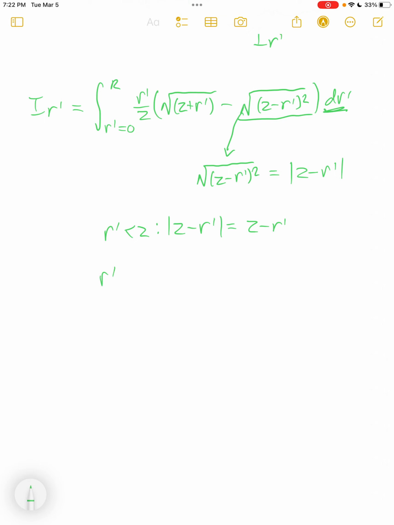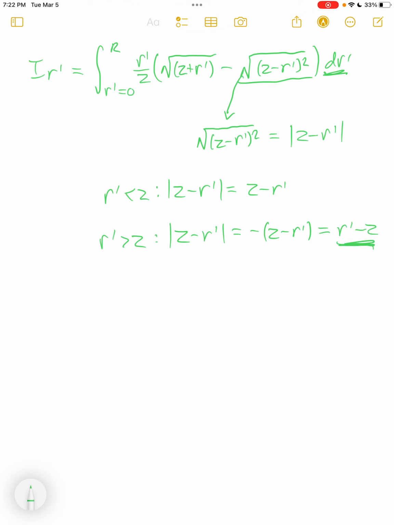If r prime is greater than z, this is written like this, and I'll explain why in a second. Let me give a nice numerical example. So this is positive, and this is consistent with the definition of square root, because square root must give us a positive term.